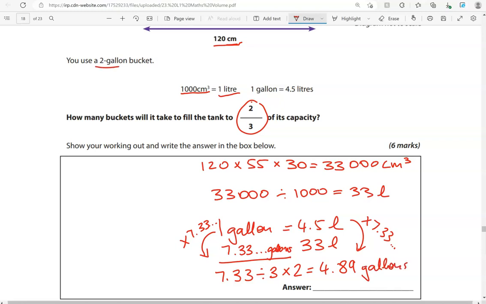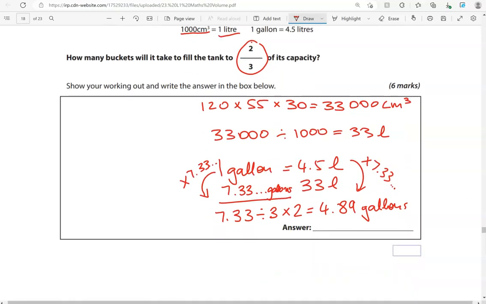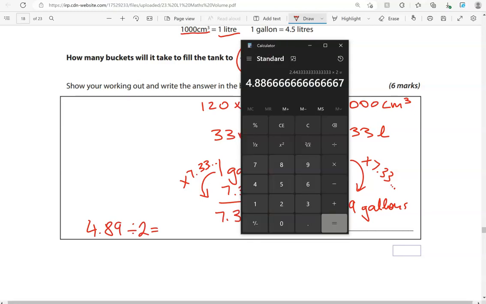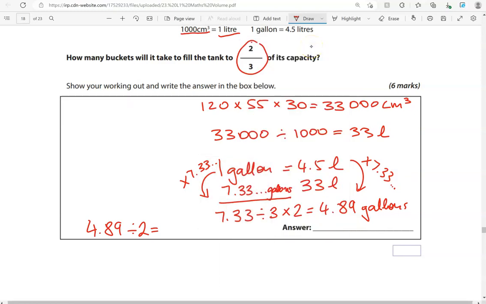And you use a 2-gallon bucket, so we'll do 4.89 divided by 2, which is 2.445. So we're going to say 3 buckets.